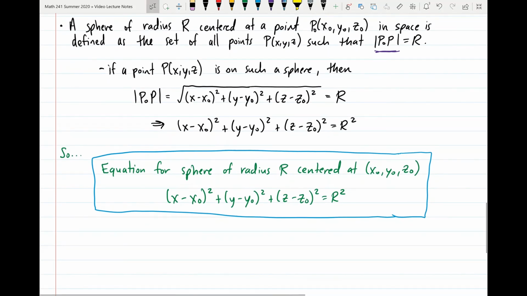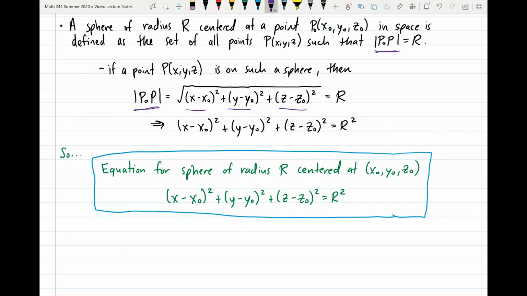So if we have a point that's on such a sphere, centered at x naught, y naught, z naught, then the distance from P naught, the center, to some point P that's on the sphere is given by the square root of (x minus x naught) squared plus (y minus y naught) squared plus (z minus z naught) squared.